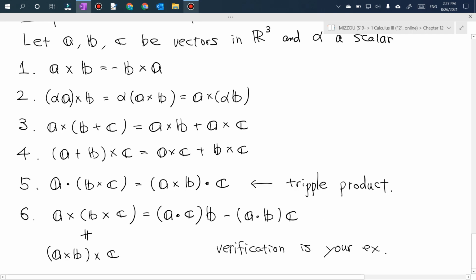You just compute cross product and take the cross product, and then you can actually verify yourself that that is equal to this. And the other things too, all the other properties you can just verify. Okay, so that's all I have to say about this section 12.4 on cross product.